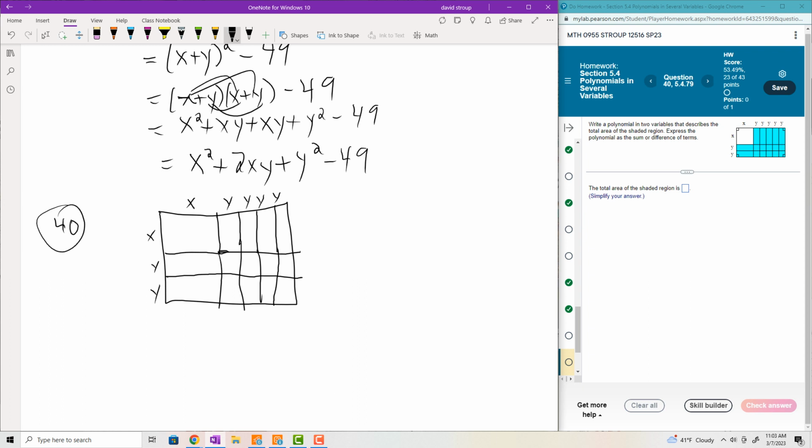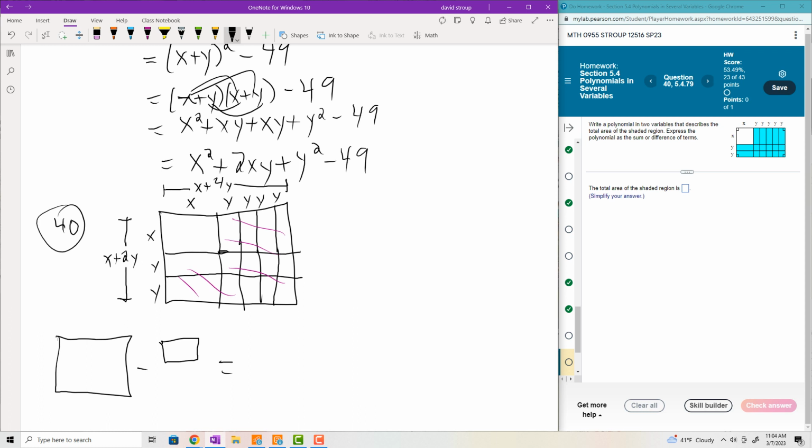Well, to find the area of the shaded region, what you're going to do is find the area of the big box, and then subtract away the area of the stuff you don't want, the hole. So the big box, the top distance is x plus y plus y plus y, so 4 y's. And then the side distance looks like it's just x plus y, which is 2 y's.